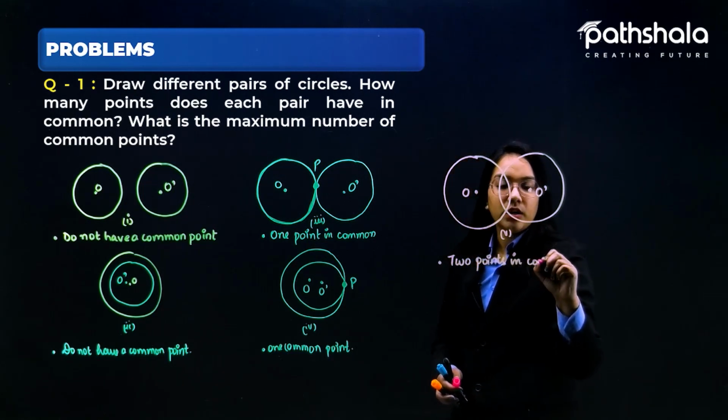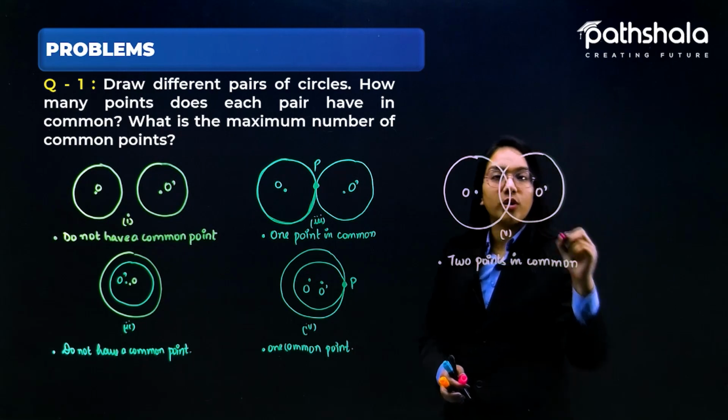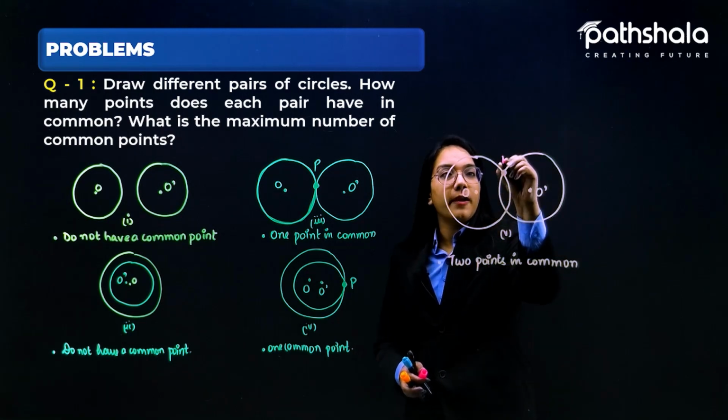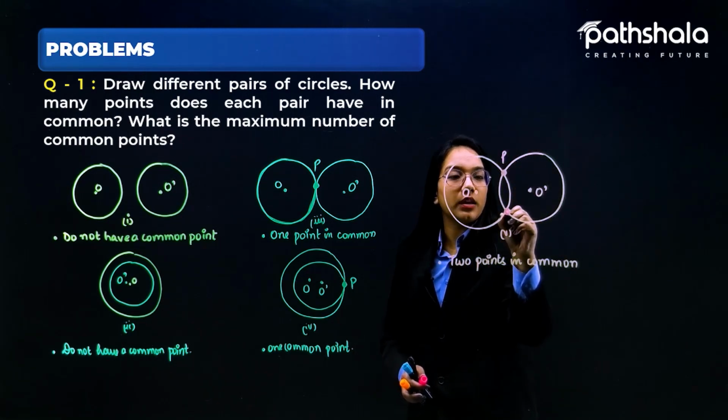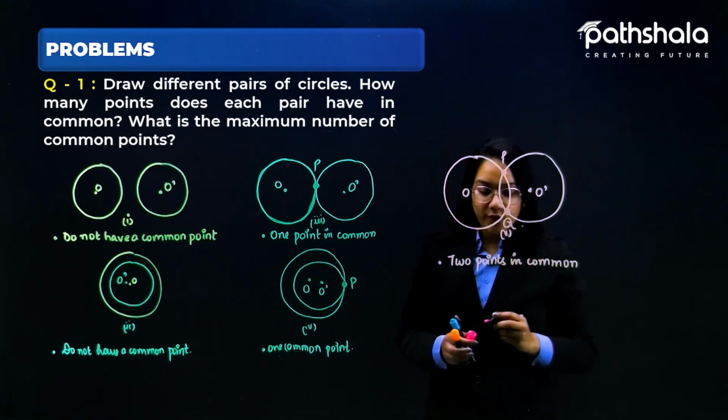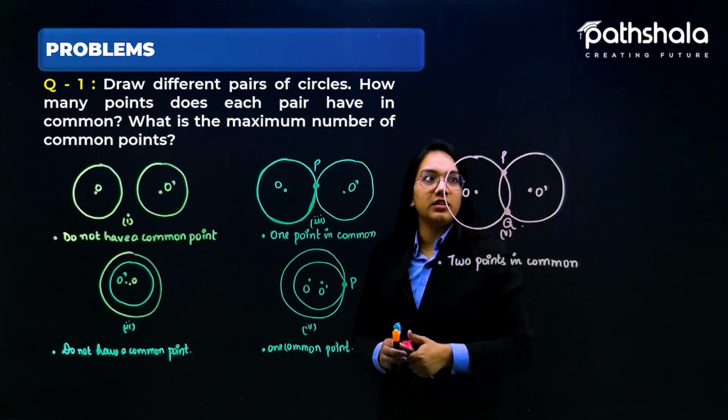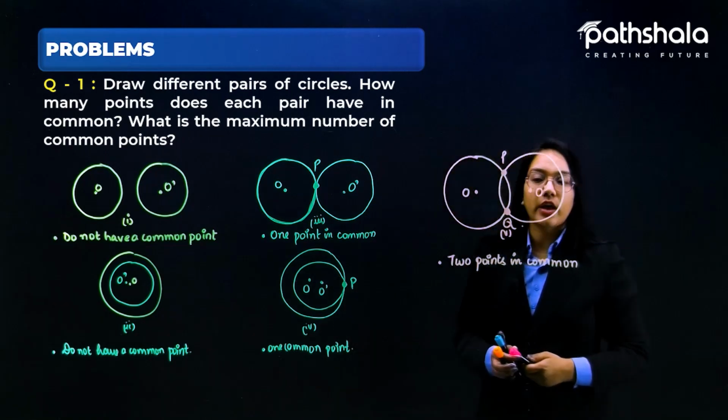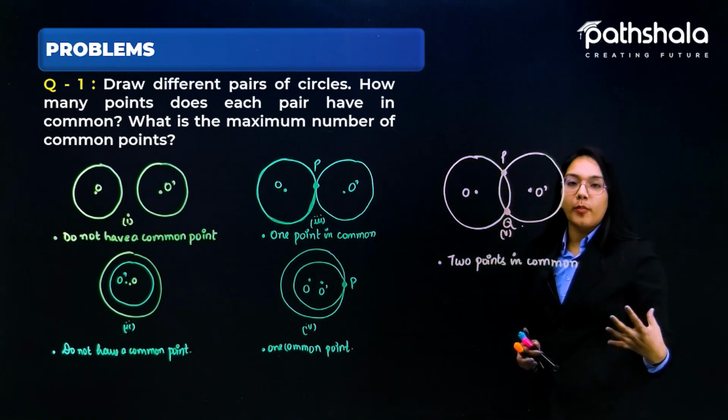What are those? This is the point P, and this is the point Q. So for the 5th case, when these two circles intersect each other, they have 2 points in common.